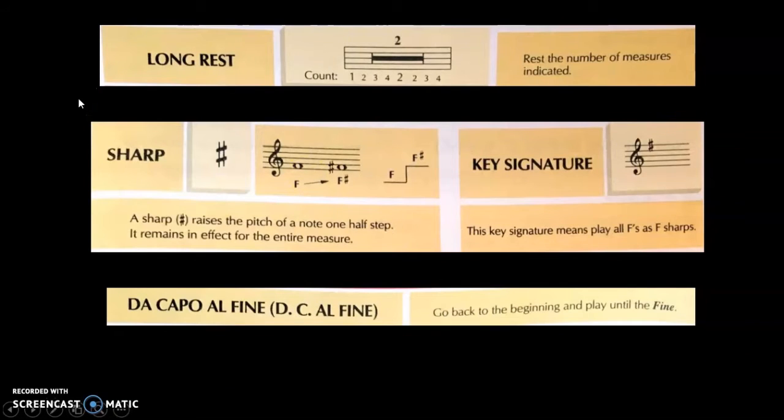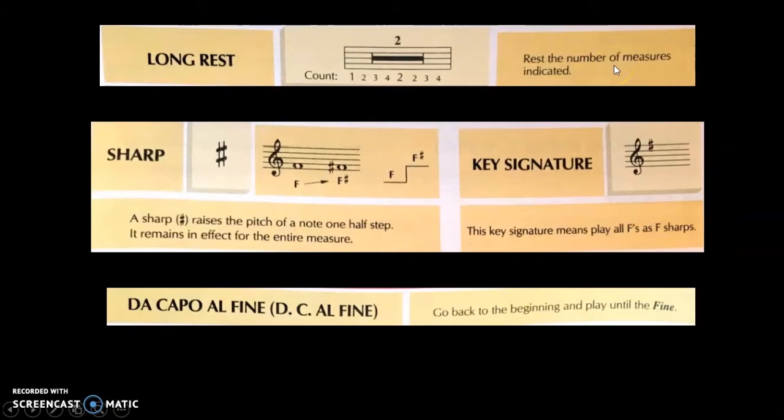Now, here's some things that we're going to talk about that are new in this video. Long rests. This rest will show up in one measure, and it has this solid line and a number above it. This rest tells us how many measures we're going to be silent for.